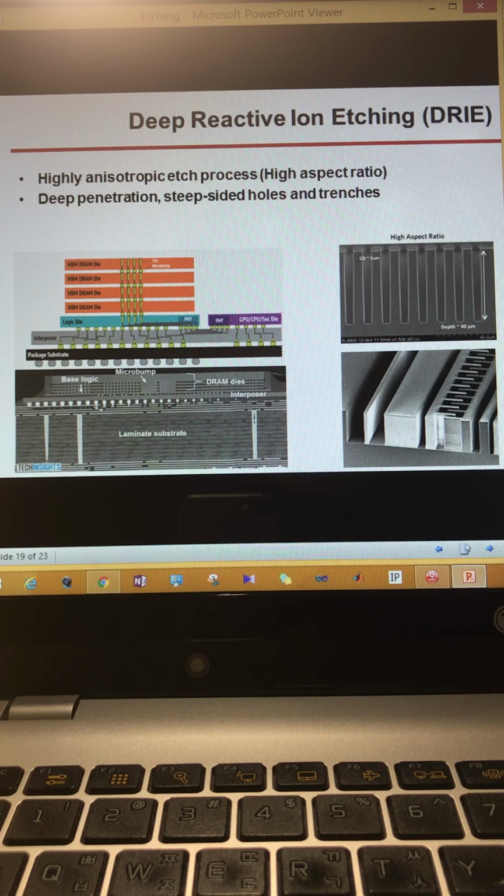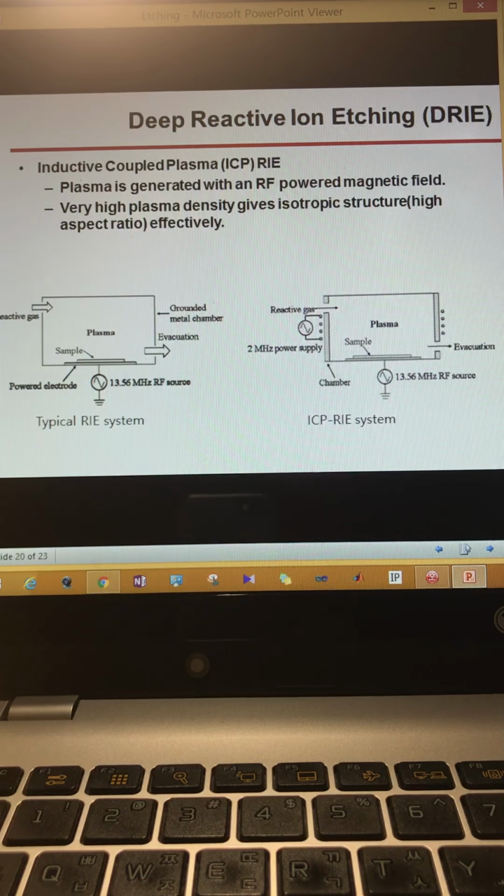Deep reactive ion etching refers to the process of deep etching in the state of plasma and current flow. In addition, the coil is wrapped on both sides to upgrade by inductance.